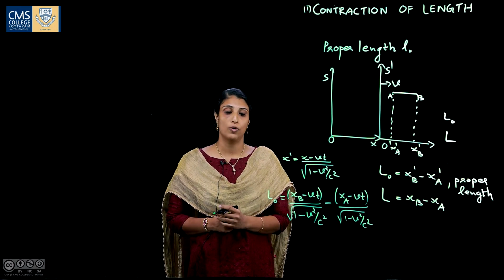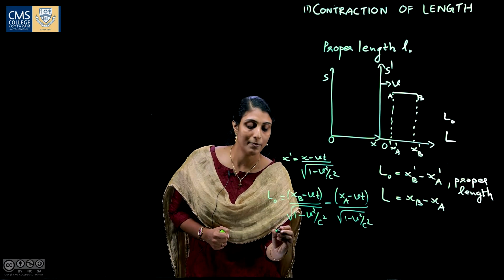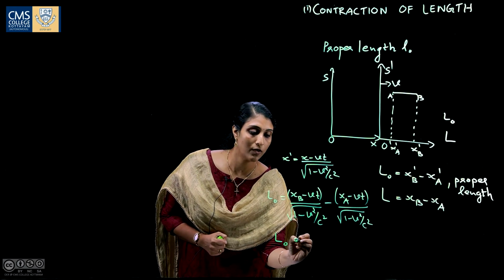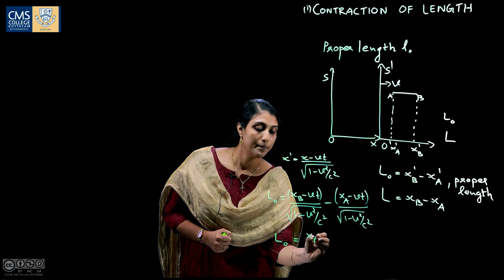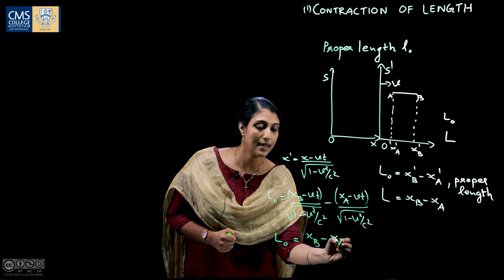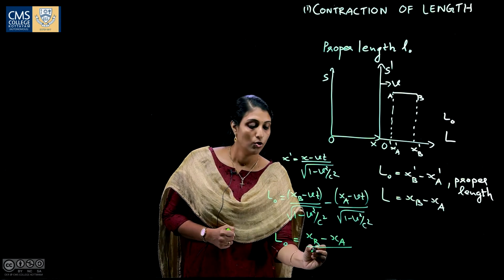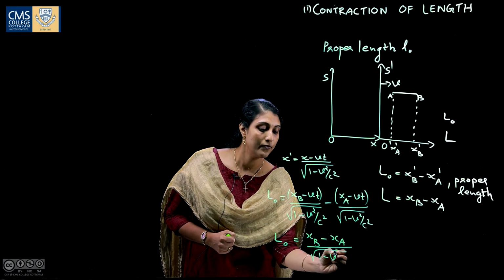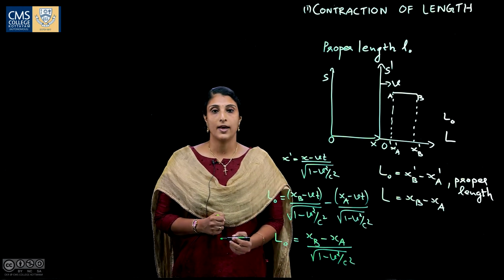That is, with respect to the observer O. So, on simplifying we get L0 equals xb minus Vt plus Vt cancelled, so xb minus xa by root of 1 minus V square by C square.